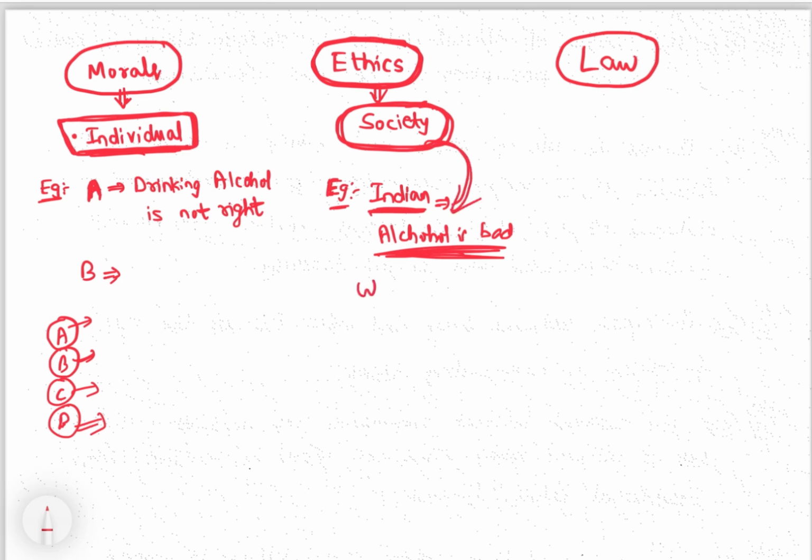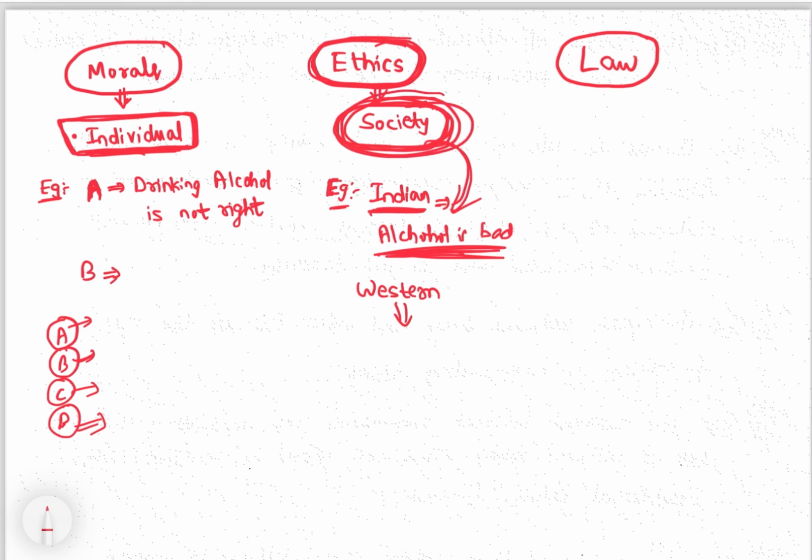On the other hand, if you see Western society, drinking alcohol is normal. It's a way of life for them. Like in Europe, drinking alcohol is normal. Everyone drinks beer, etc. So ethics is what society thinks is right or wrong. That is ethics, okay. And society is what? Group of people.